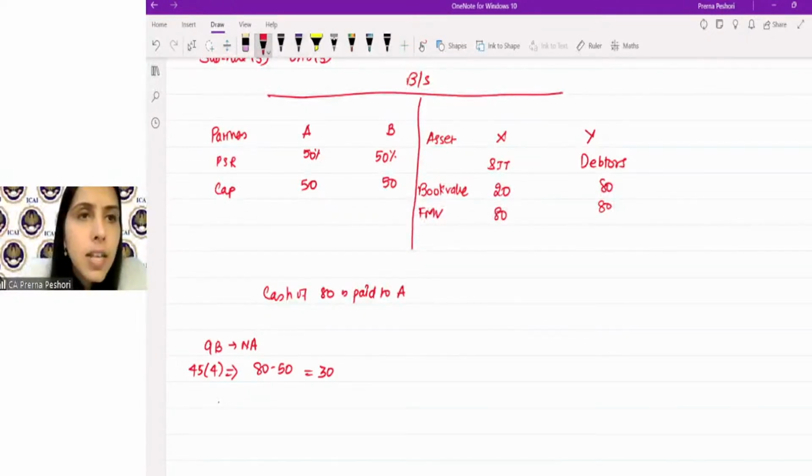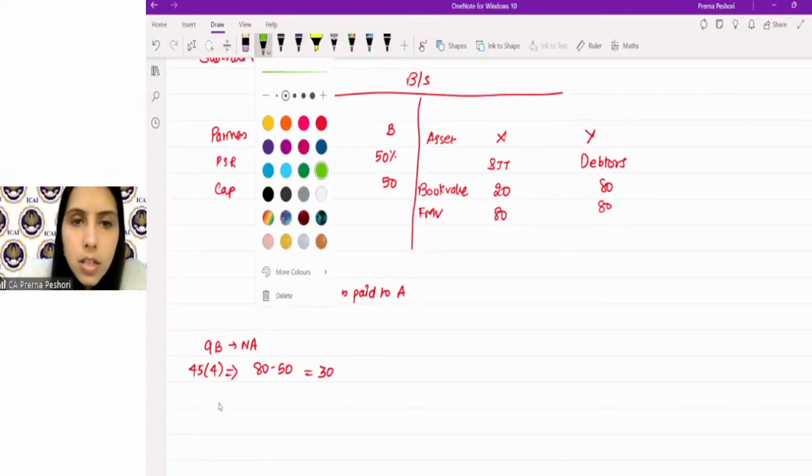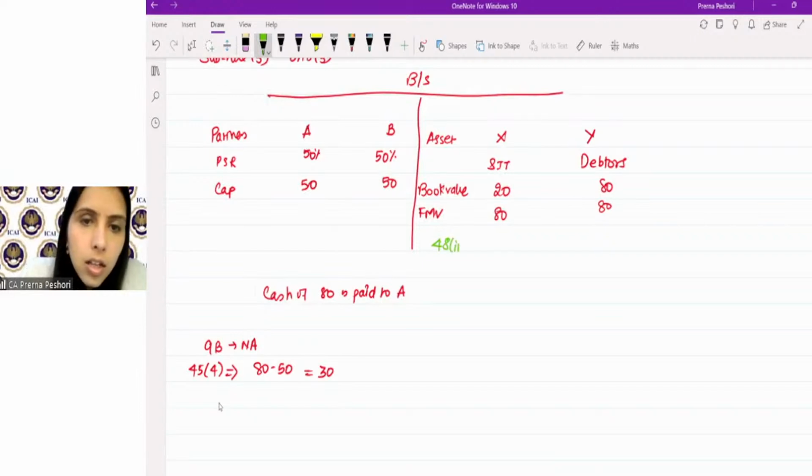Whether 48-3 is applicable? So for this purpose, let's understand rule 3 and what does it say.